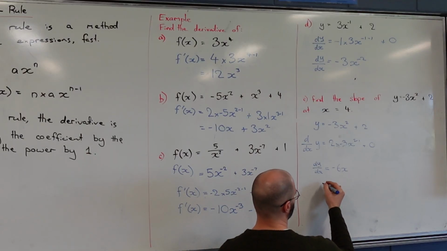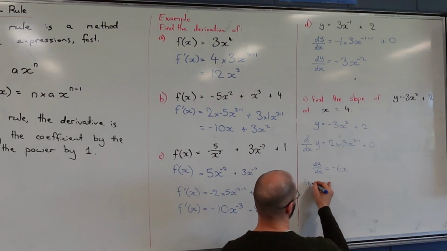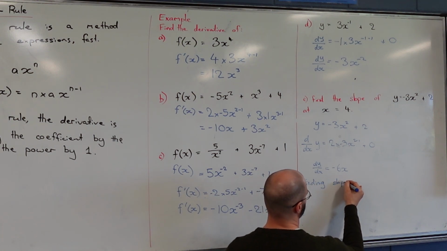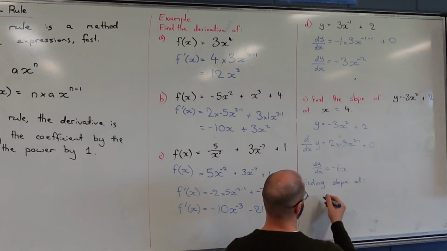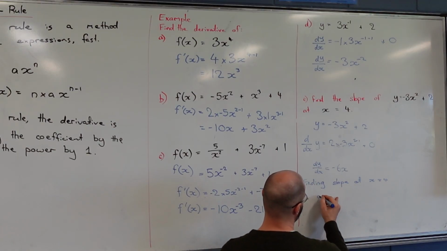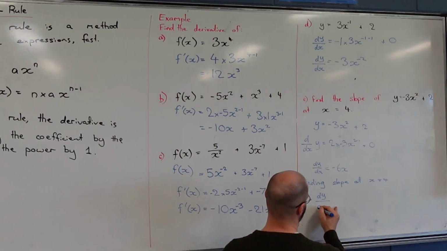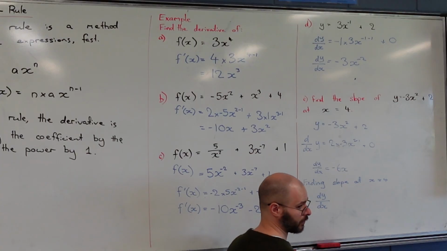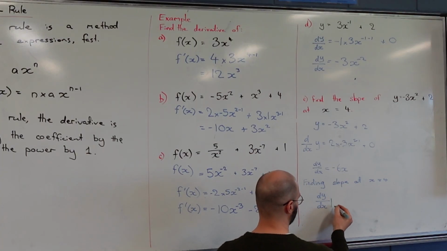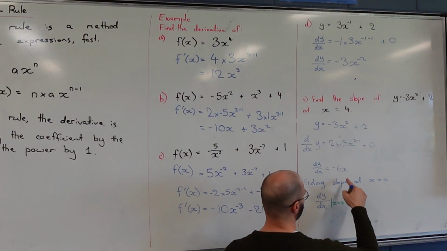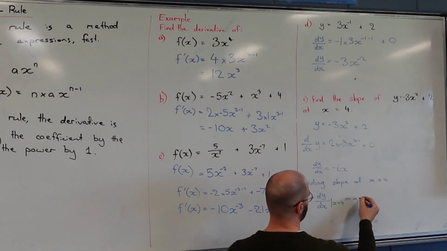Finding slope, I'm going to say dy over dx. Now you don't have to add this little bit of flair here, but you can if you want to be really explicit. A pipe, all right, x equals 4. And then every time I see x, I substitute in 4.